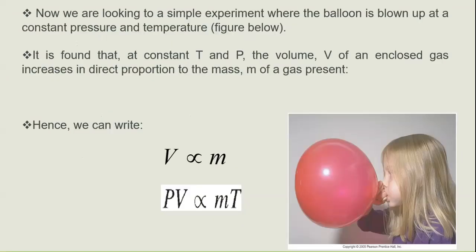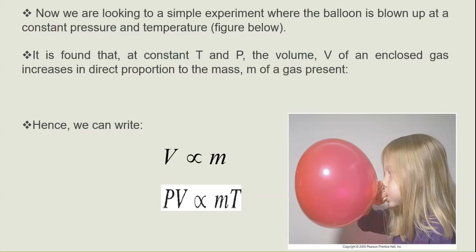Next, let's look at this example. In this example, we are trying to show you the relationship between volume and mass. Imagine you're trying to blow up a balloon. When you think about it, as you blow your balloon, most probably the temperature around you and the pressure around you are constant.